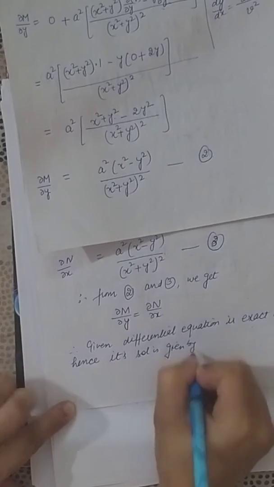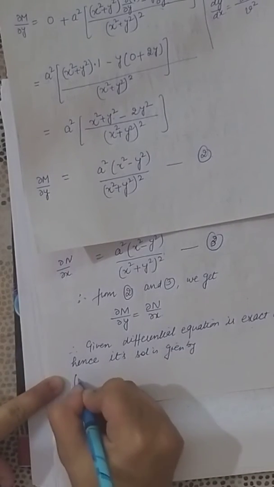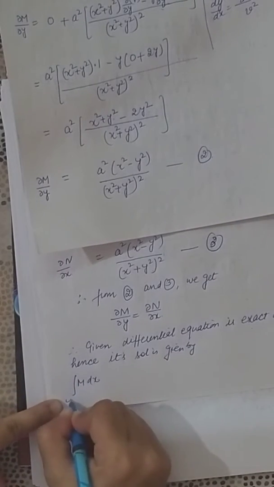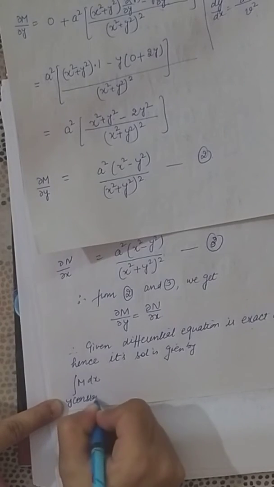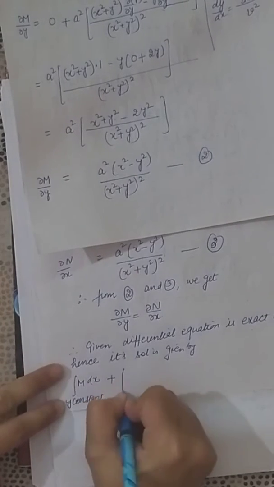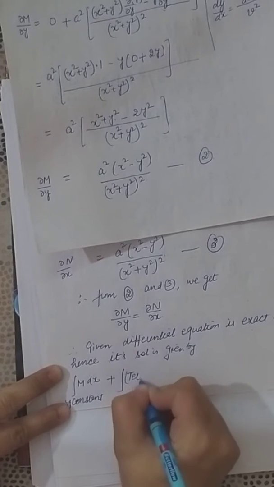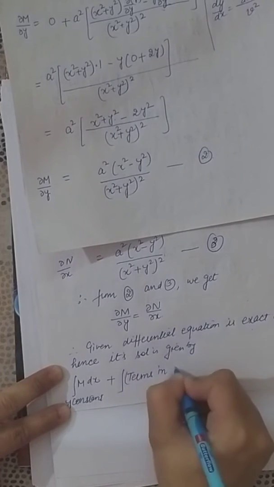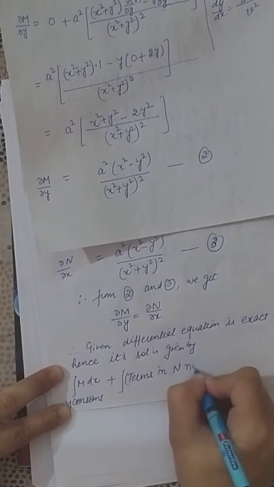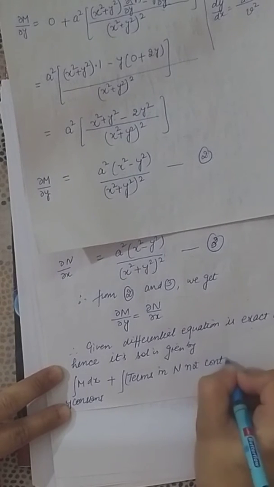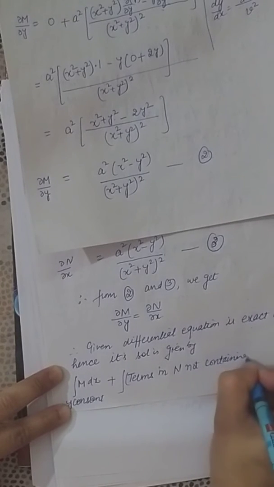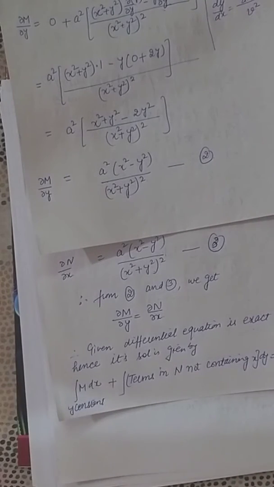given by integral m dx taking y as constant plus integral of terms in n not containing x dy equal to c.